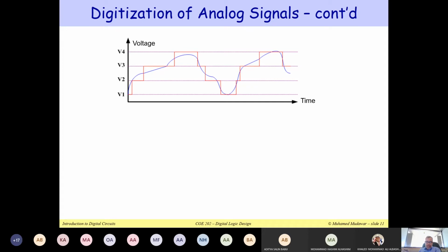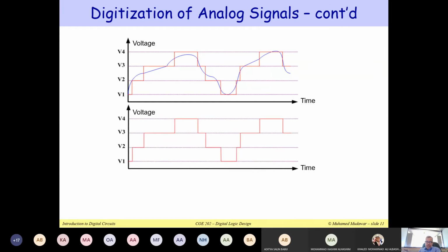Now, this is an electric signal. So here it's represented with a voltage electrically. We don't really care about these values, V1, V2, V3, V4. All we care about is that there are only 4 possible values. So when we digitize an analog signal, we assign a value to the signal.